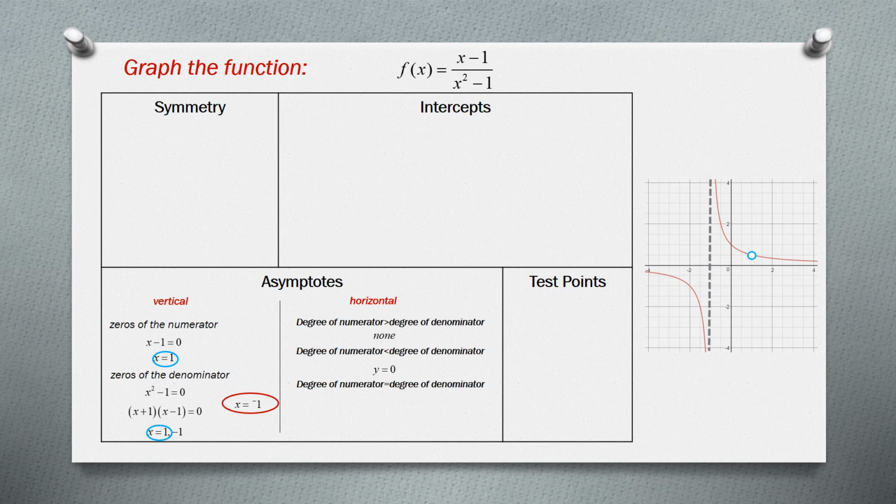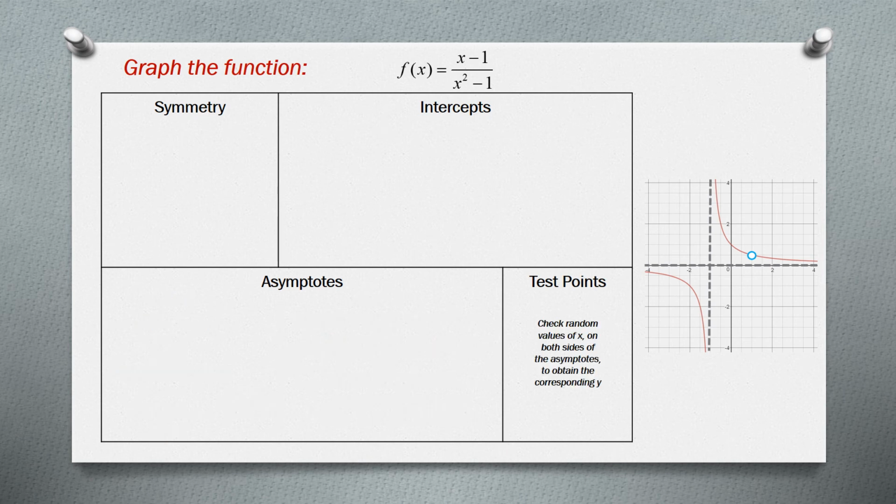And if the degree of our numerator is equal to the degree of our denominator, we will need to observe the leading coefficients of both the numerator and the denominator to determine what fraction we can use to represent our horizontal asymptote. In this case, however, the degree of the numerator is less than the degree of the denominator, so we know our horizontal asymptote occurs at y equals 0.